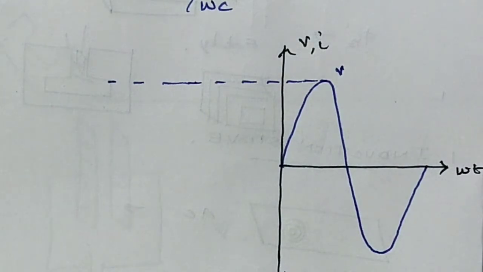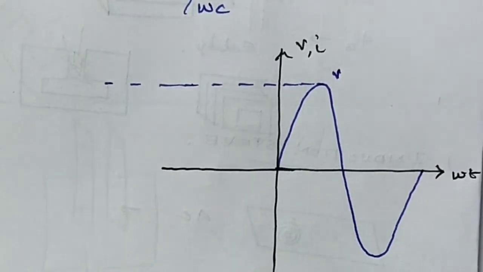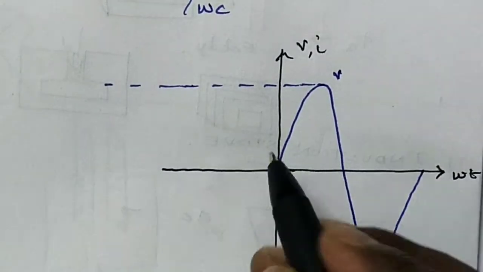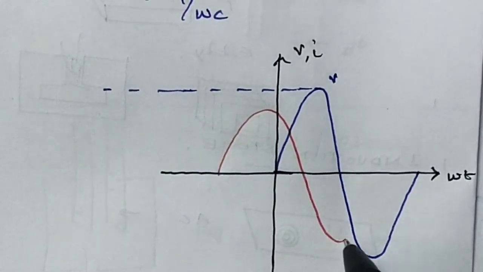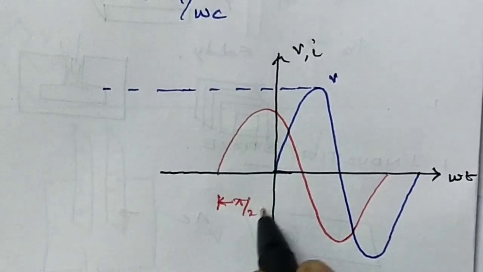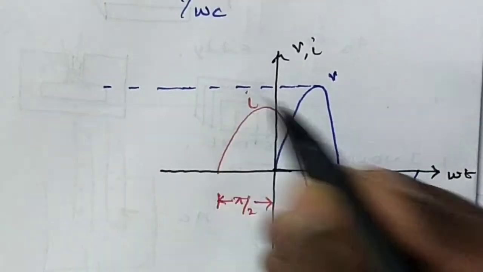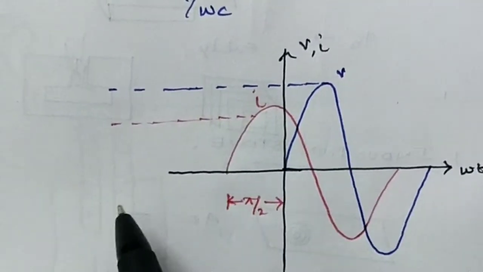The current leads the voltage by pi by 2.